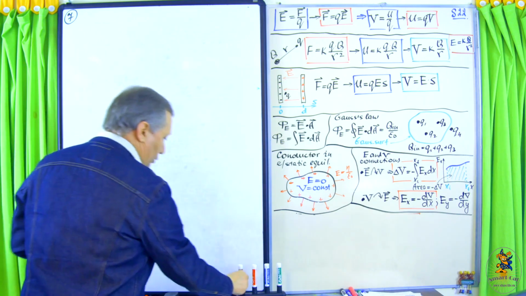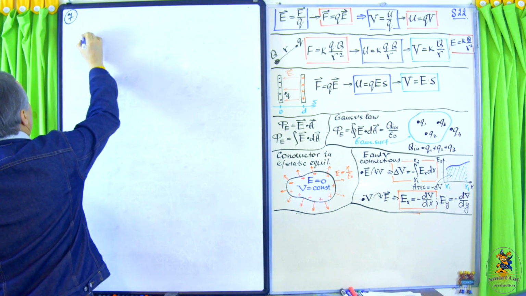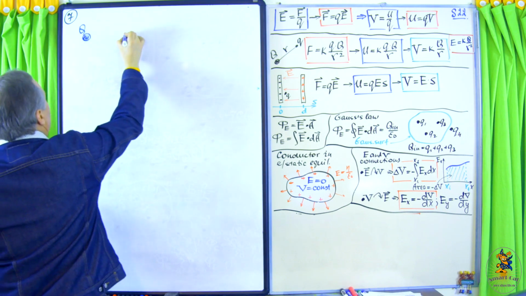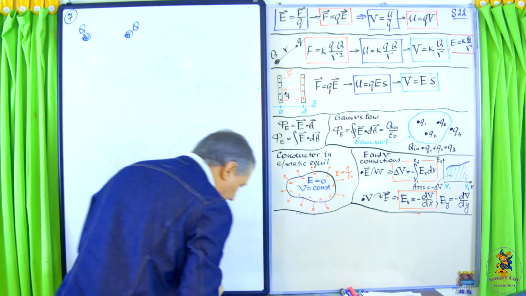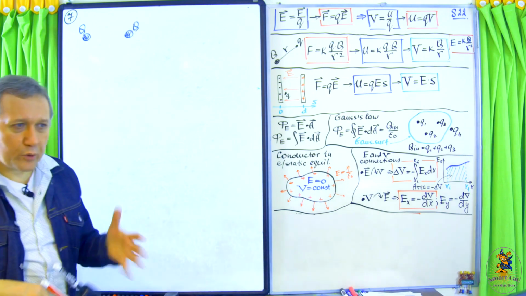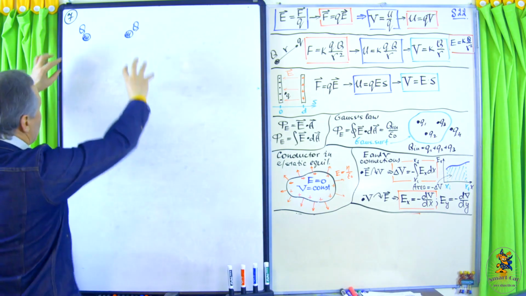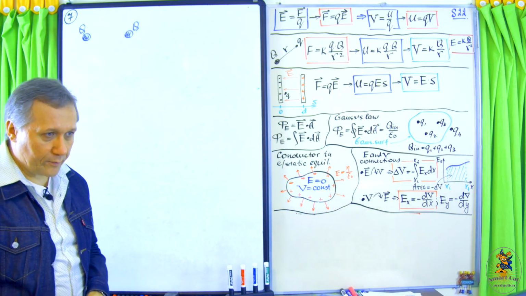First, let me draw and then I will explain. So let's say we have identical charges, Q and here Q. They can be both positive, both negative, it doesn't change the situation. So first, the initial situation, we hold both of these charges so they don't move.